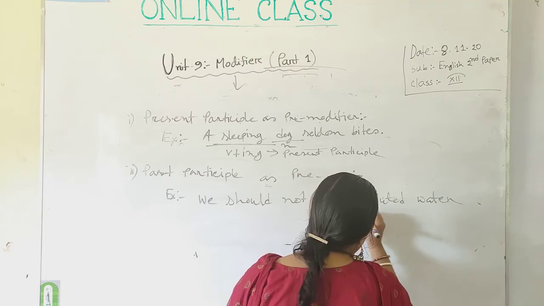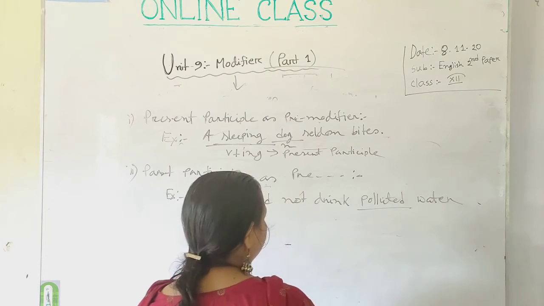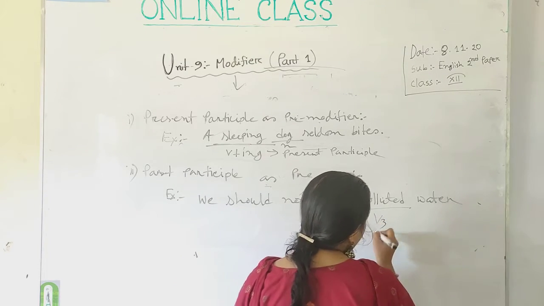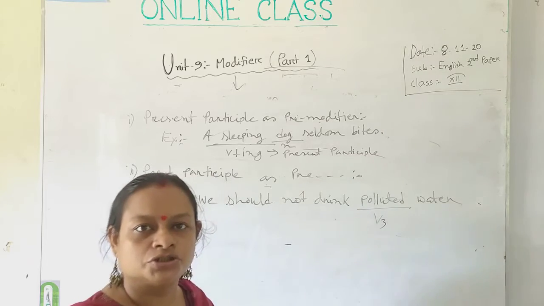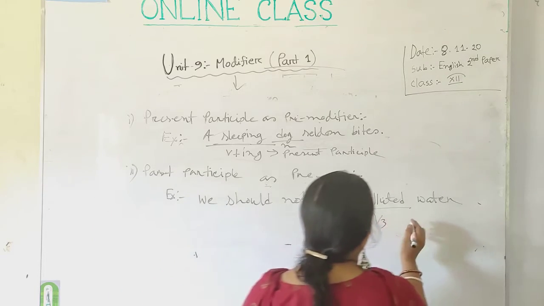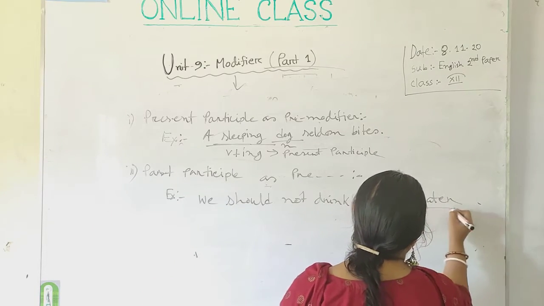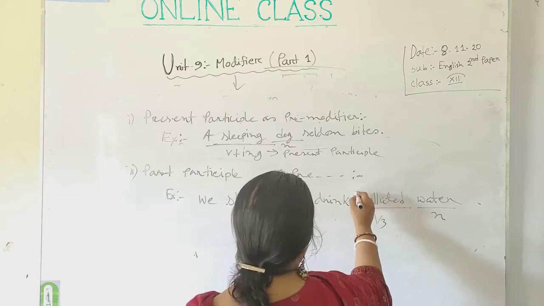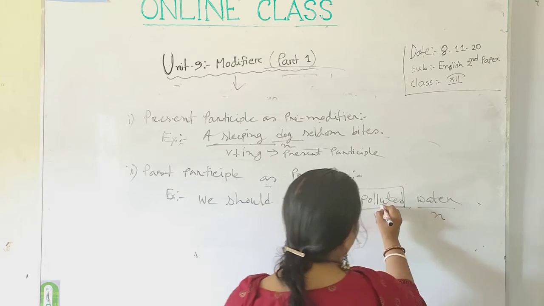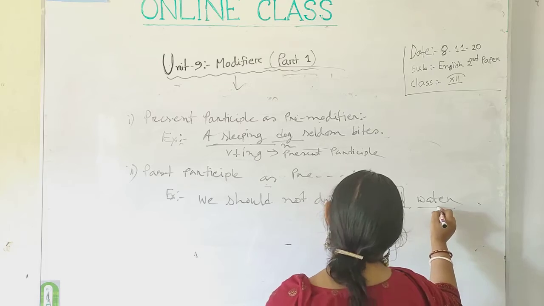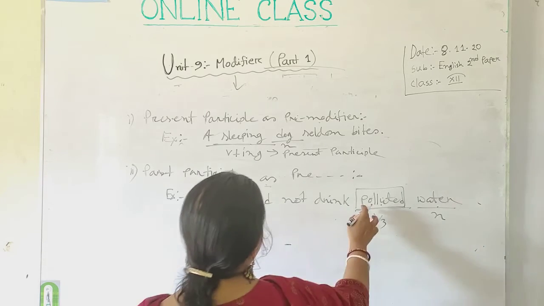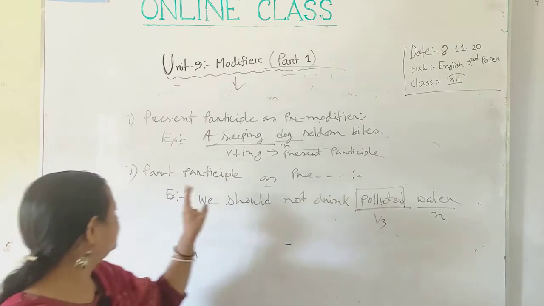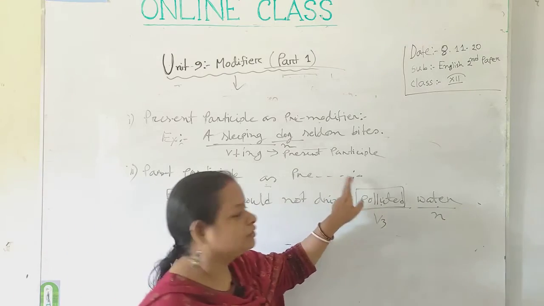Which type of water? Polluted water. Here polluted is verb 3, the past participle, and water is a noun. So here the word polluted modifies the noun water, so it is a pre-modifier, past participle as pre-modifier.